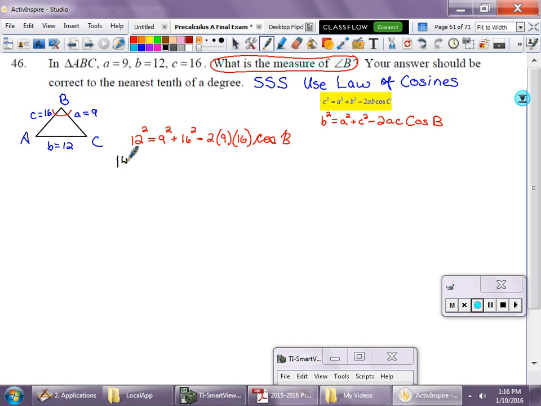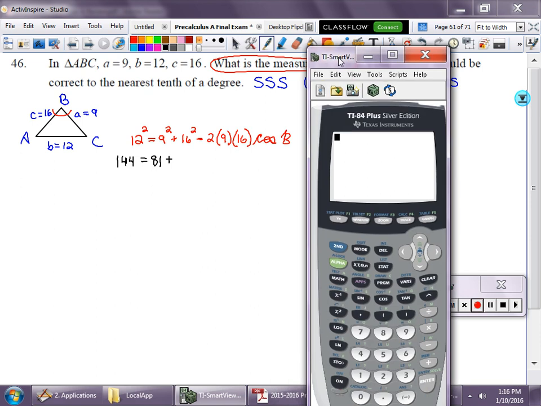This is 144 equals 81 plus, you can put this in your calculator because I'm not sure, so let's do that.